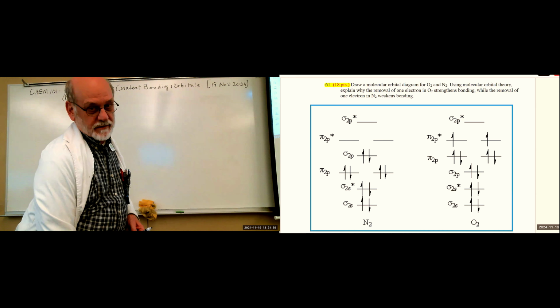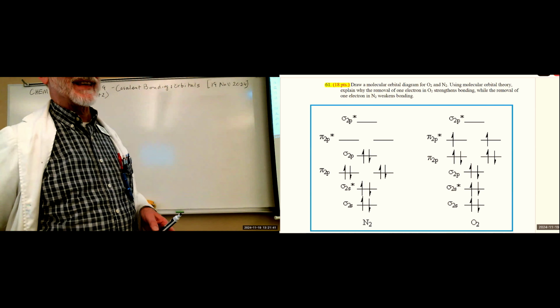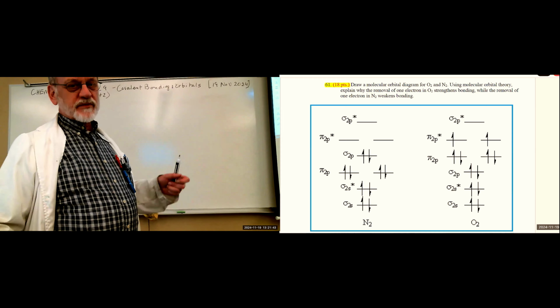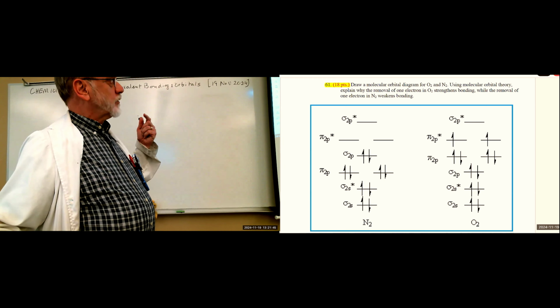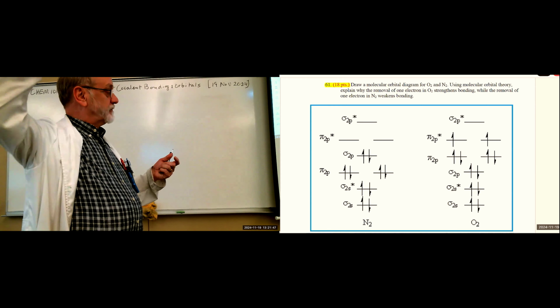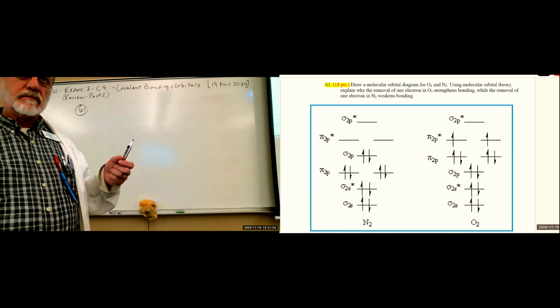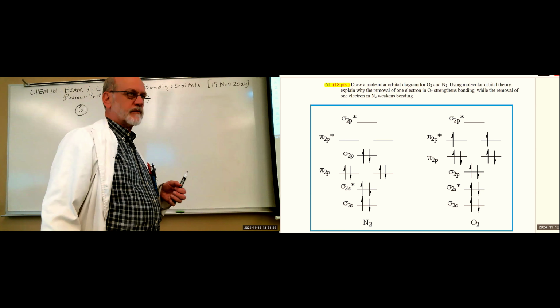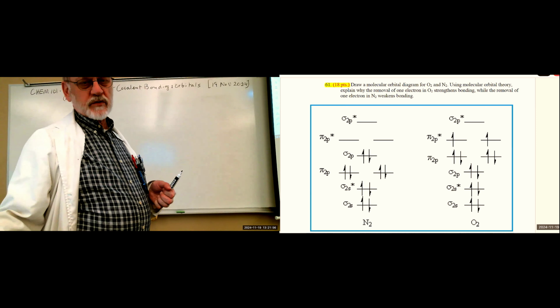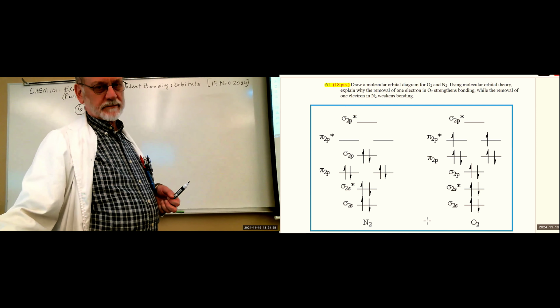Actually, that's the answer, because this is a key. So the problem says, draw molecular orbitals for dioxygen and dinitrogen, right? And that should be fairly simple because you're going to have the useful information for those. You just have to be sure you're using the right one and label it correctly.